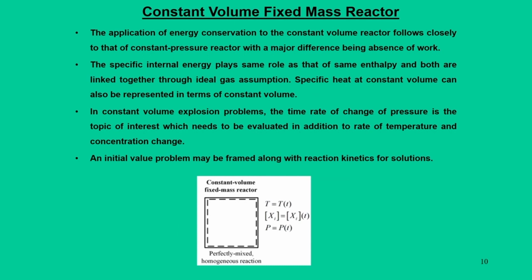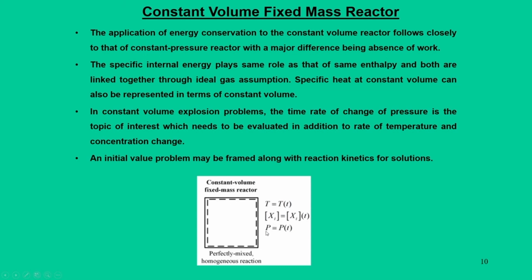Then we will move on to the constant volume fixed mass reactor. Here we are looking at the situation where the reaction is taking place in a container of fixed volume, and we are trying to see how temperature and concentration of species change with time.